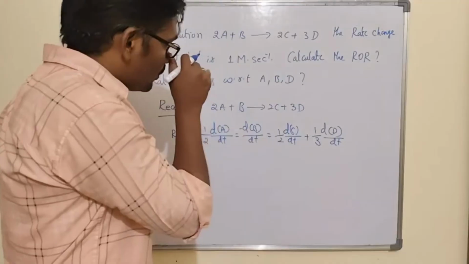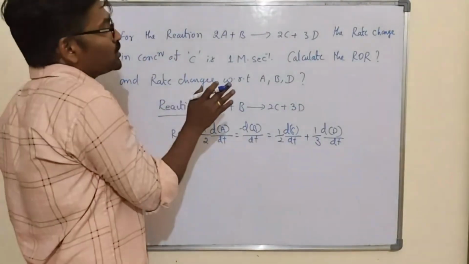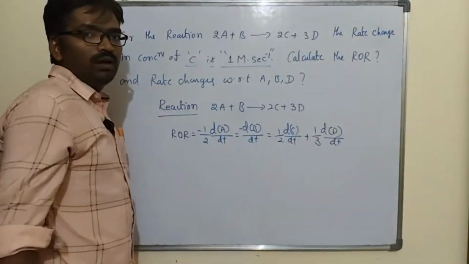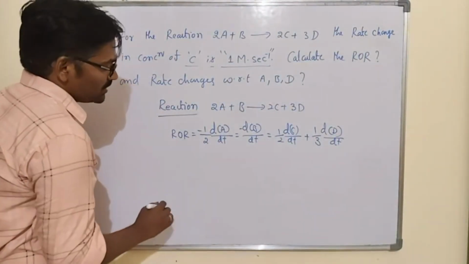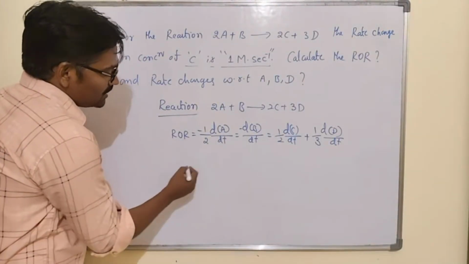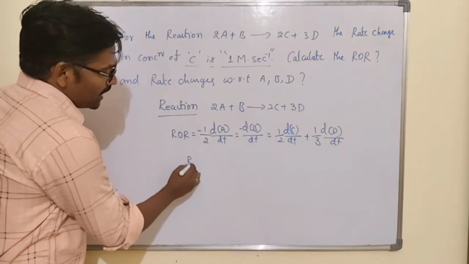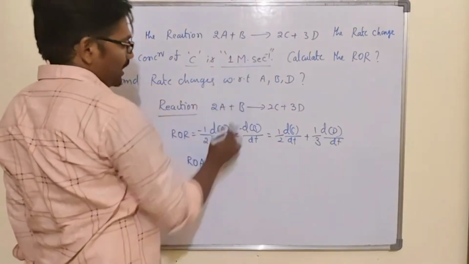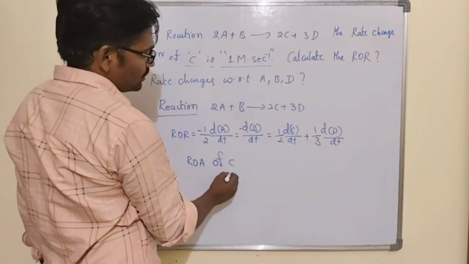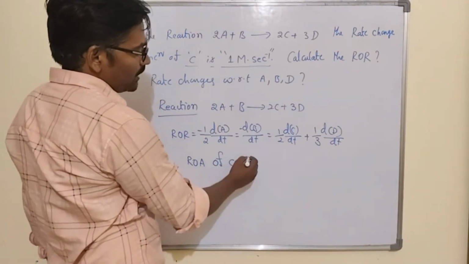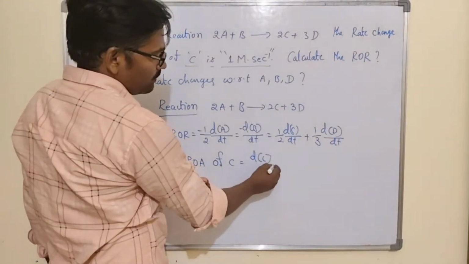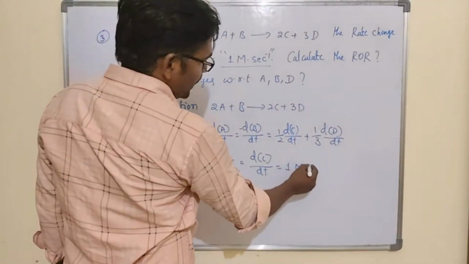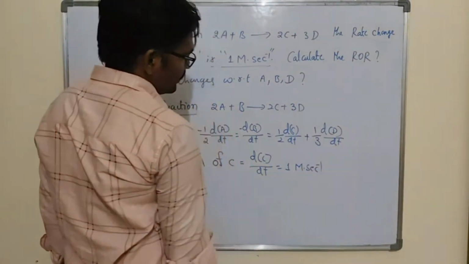See here, one of the terms with respect to C is mentioned, the change in the concentration, that is 1 molarity second inverse, which is nothing but the rate of appearance of C. The rate of appearance of C means d[C]/dt, which equals 1 molarity second inverse as given.